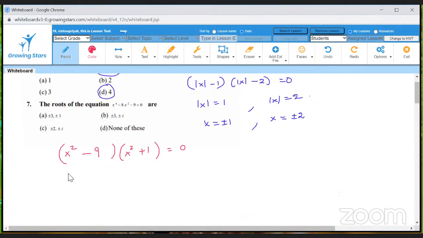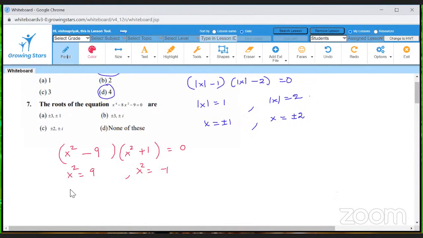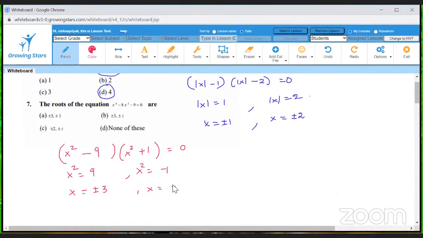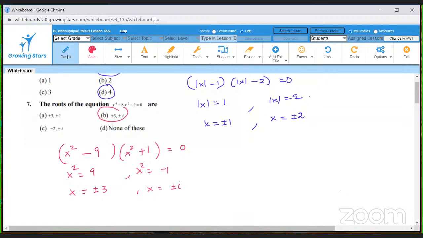Equal to 0. So x square will be 9. X square will be minus 1. X will be plus or minus 3. And here x will be plus or minus i. So plus or minus 3, plus or minus i. It is present in option B. That means we have to choose option B.